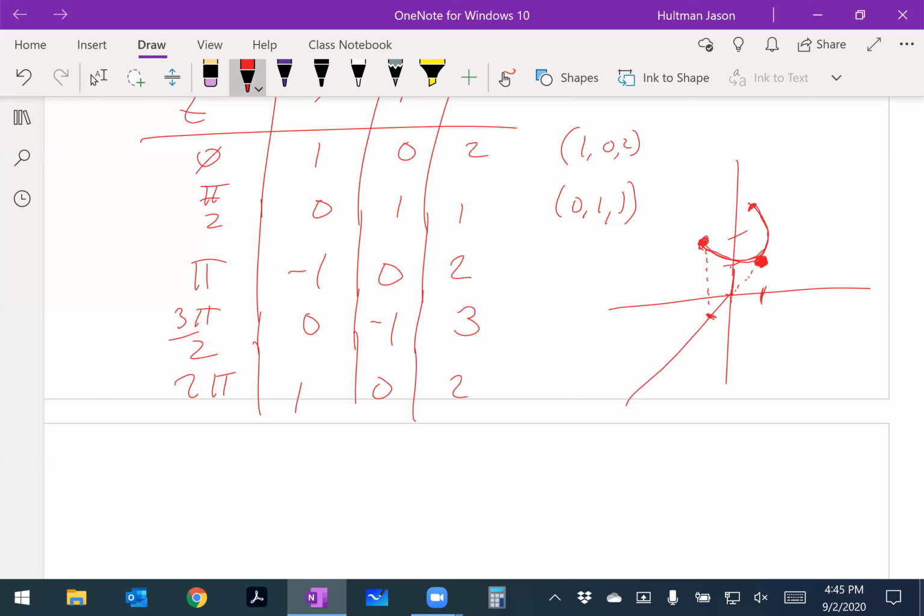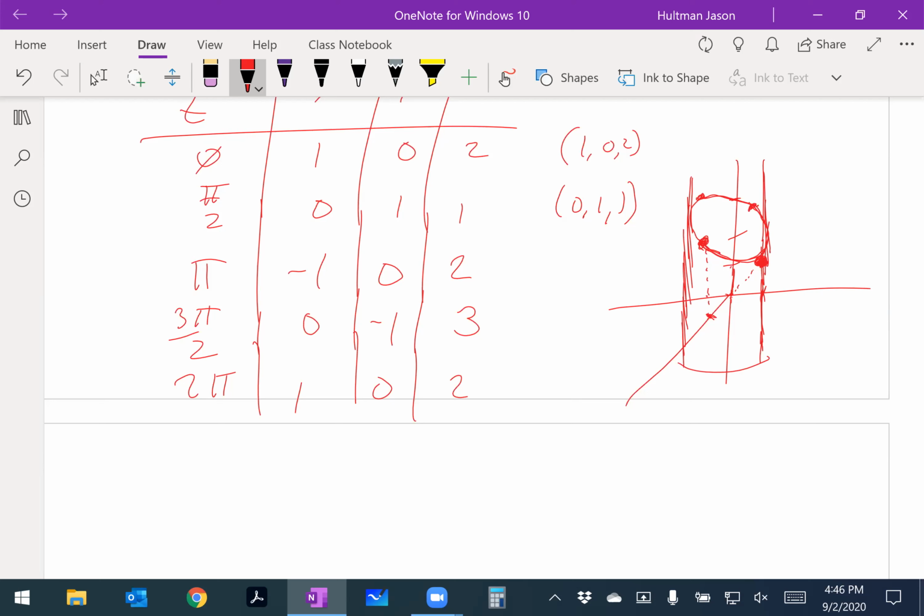Okay, and then what's the next one here? It's 0, negative 1, 3. So 0 in the x direction, negative 1 in the y direction, 3 in the z direction. So up here. Let's finish this curve like so. And then we can see that this is the slice inside the cylinder, right?